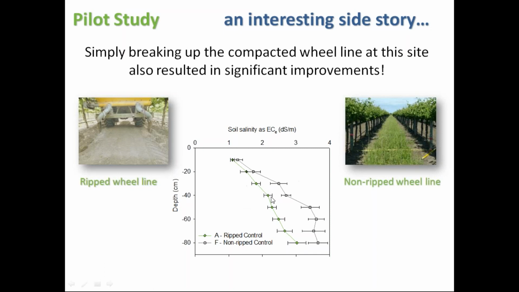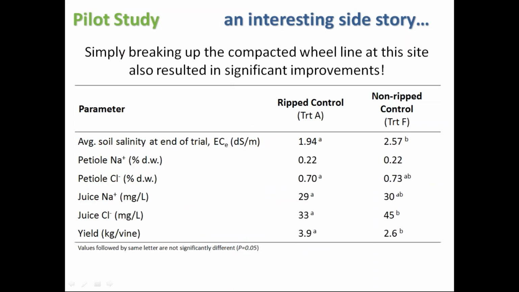We found that this soil salinity trace is in April, following the irrigation season at the end of the piece of work, and we found that our ripped control did have a lower average salinity as compared to the non-ripped vines. And they're 9 reps worth of data. And we can only put that down to an increased infiltration, courtesy of breaking up that compacted area.